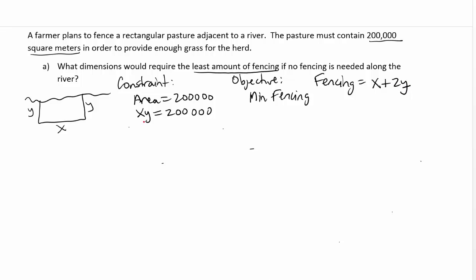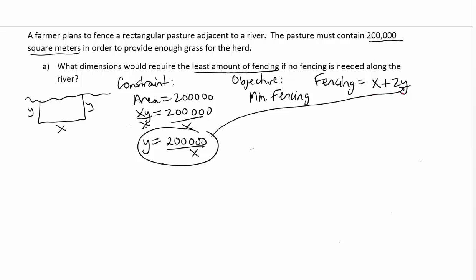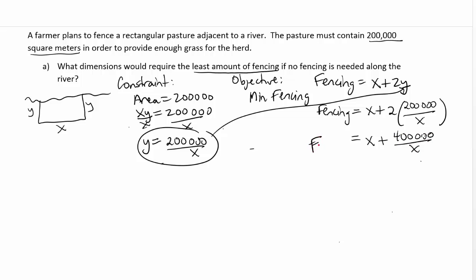So I am going to go back to my constraint, and if I want to get rid of Y, I'm going to solve this constraint for Y. And I can do that by just dividing by X. And then I can use that over here to substitute in and get my new fencing equation, which is X plus 2 times 200,000 over X, or if I simplify it, X plus 400,000 over X. Alright, so there's our fencing function just in terms of X.